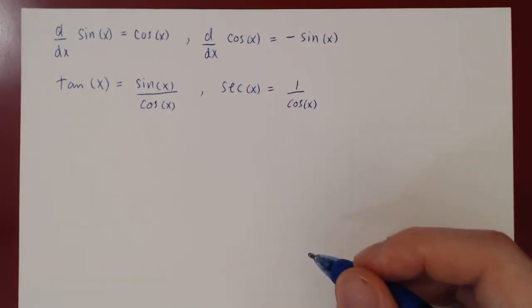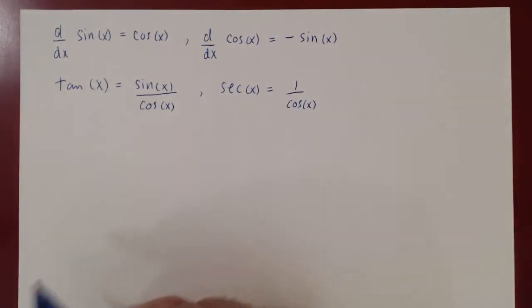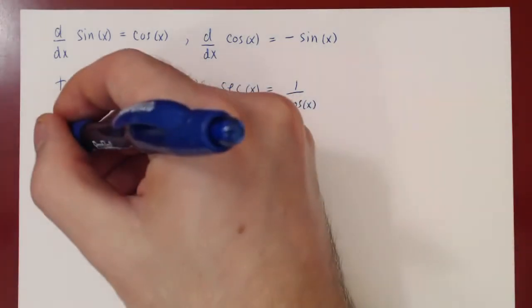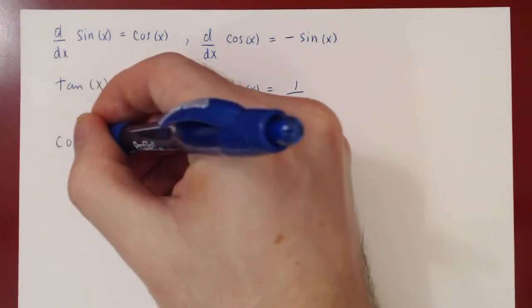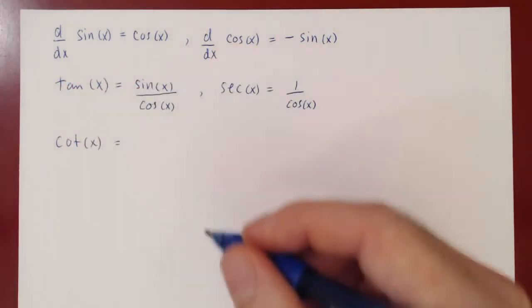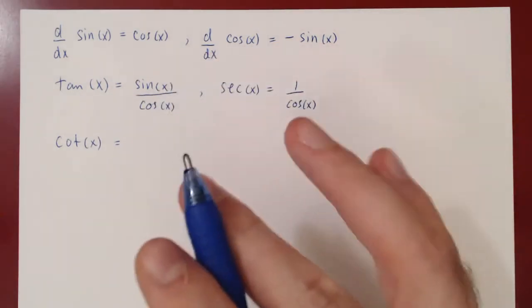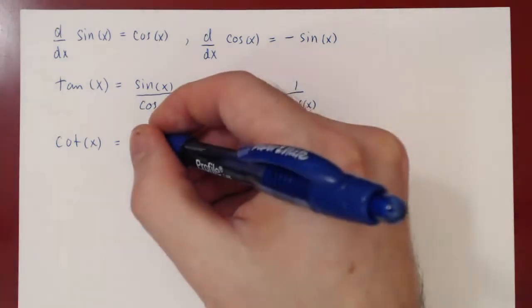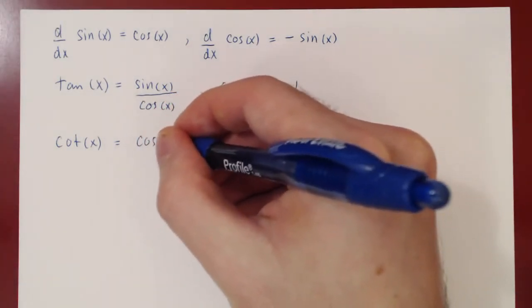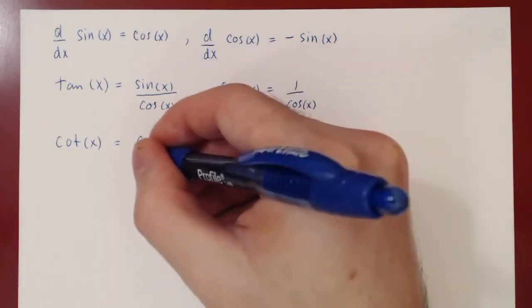And then we have the mirror images. With tan of x, we also have cotangent of x. So it's just 1 over tangent. Therefore, if you do 1 over this fraction, you flip the fraction, so you'll have cotangent is cosine of x divided by sine of x.